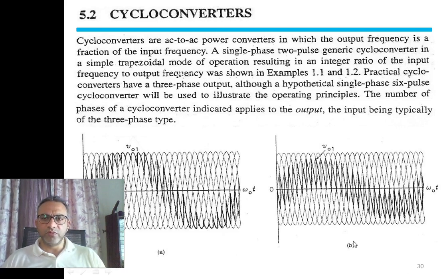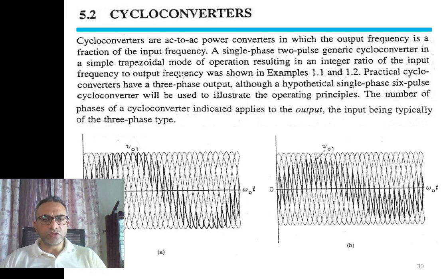Now if we come to diagram number B, again we see the dotted three-phase input voltage sine wave, and now not only has the frequency been reduced, in addition the output voltage of the cycloconverter has also been reduced.